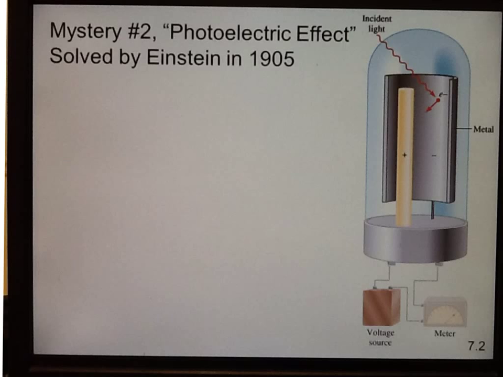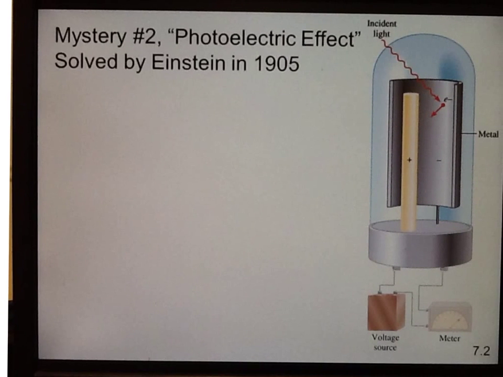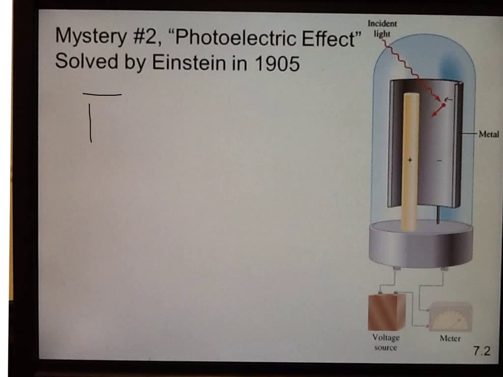But also at the same time, he thought that you needed a particle model, that the energy of light is the particleness of it. The energy of light is quantized, just like Planck said about the energy emitted or absorbed by atoms.